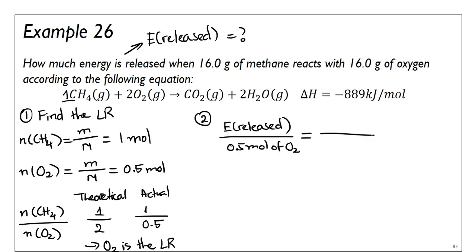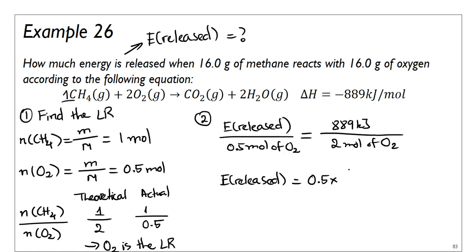Okay, this is the same as 889 kilojoules of energy being released for every 2 mole of O2, as indicated by the coefficient of oxygen. So the energy release is going to be 0.5 times 889 over 2.